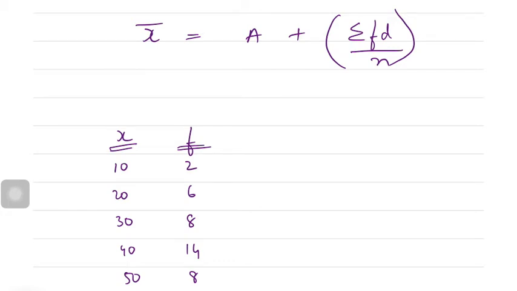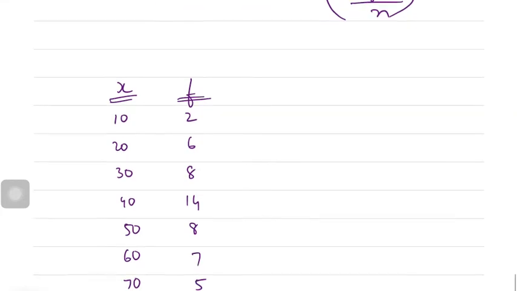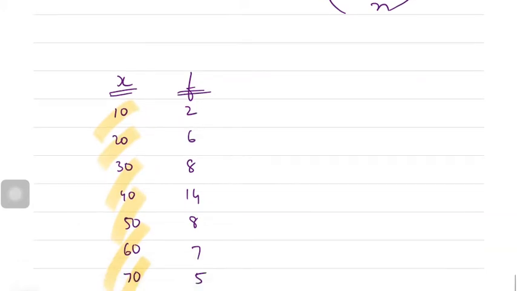In this case, you will select any one x from your x and name it as a. I want my calculation to become easy. You should actually take a middle number like 40 or 50.